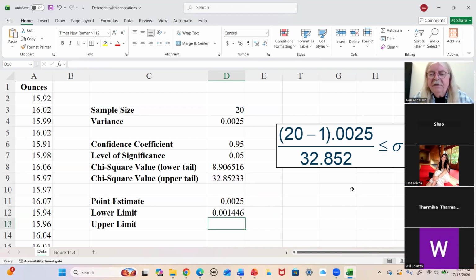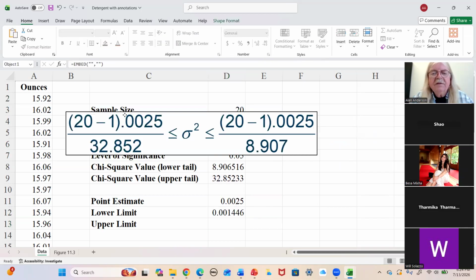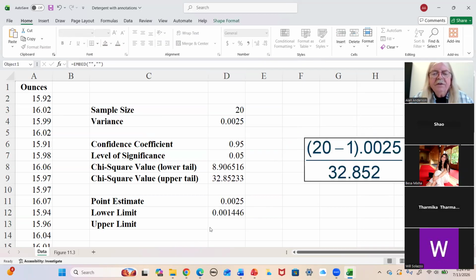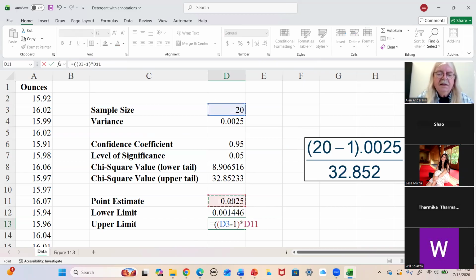And then the difference with the second one is that we divide by the smaller of the two chi-square values. So we need D3 minus 1 times the point estimate divided by the 8.90.